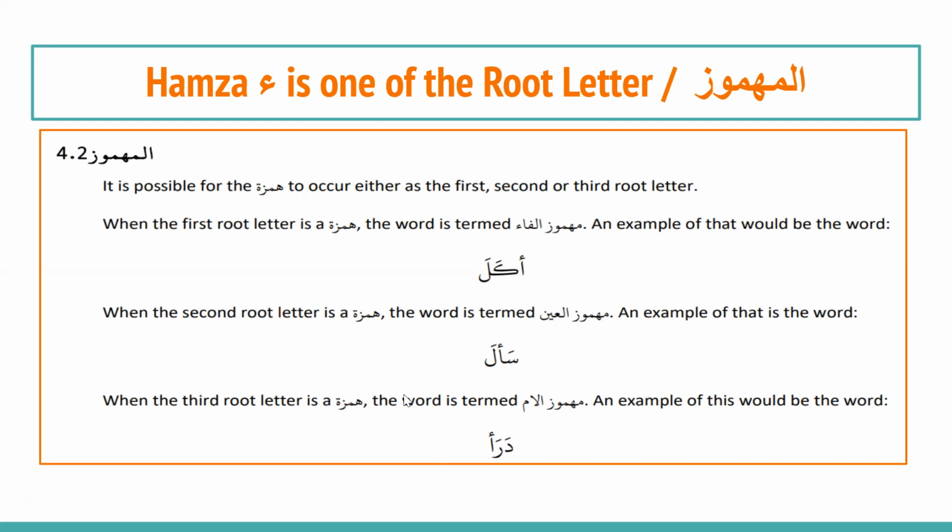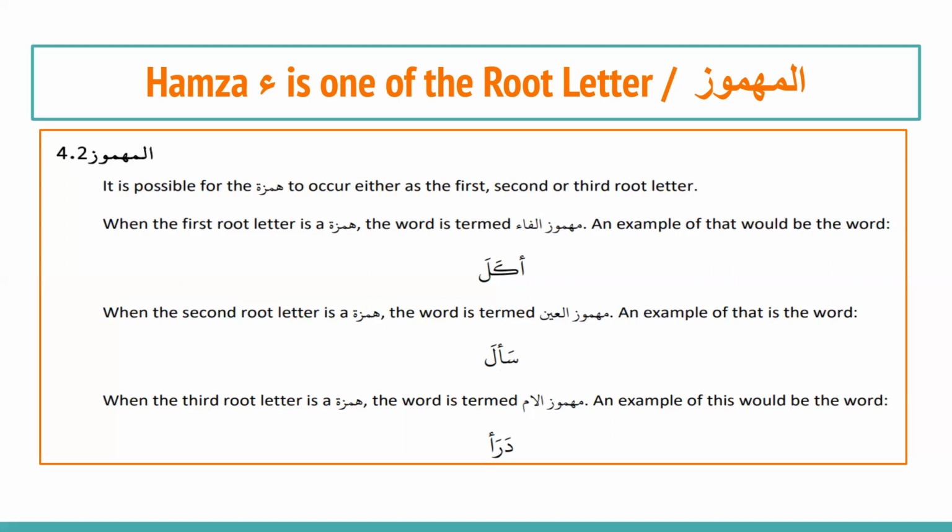Then the second possibility is that the second letter, ain kalma, is hamza. When ain kalma is hamza, it is called mahmoozul ain. The example for this type of word is sa'ala, to ask a question.